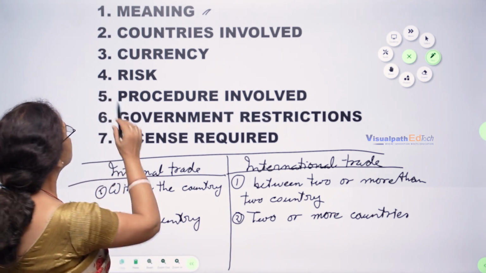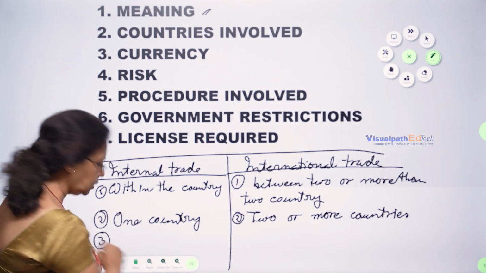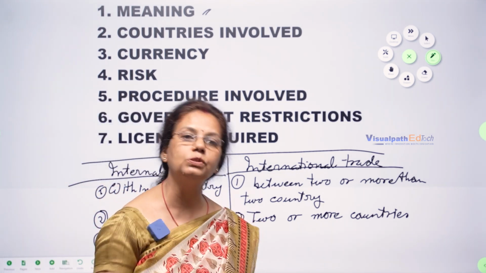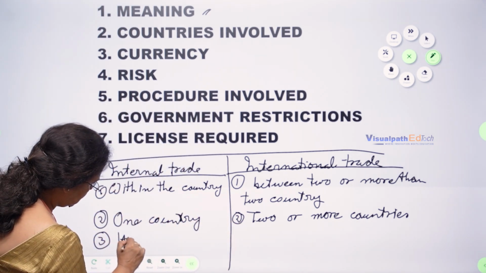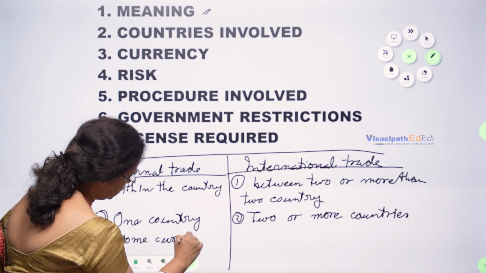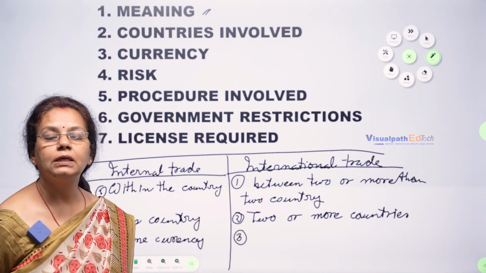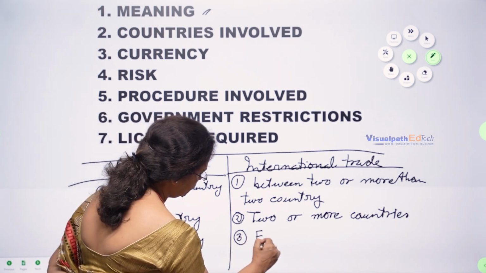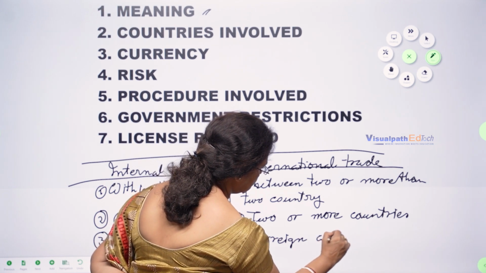Number three, currency. Here, different currencies are not required, only one currency. Whatever the currency of the nation, they have to use that currency only, the home currency. In international trade, we need different foreign currency.